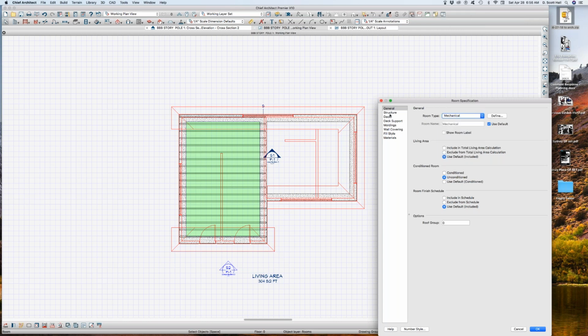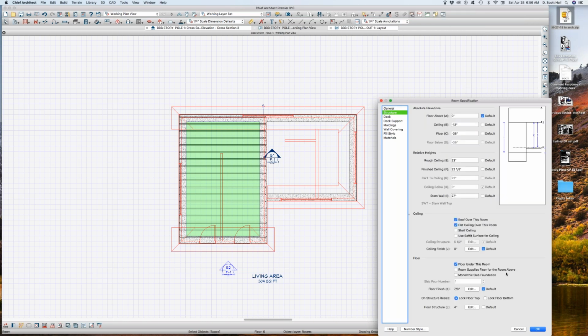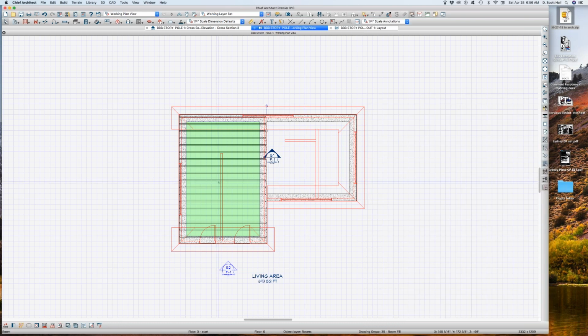Mechanical structure. It has a floor. The floor is going to be a slab, and the floor is at minus 8 foot. Okay, and it is a basement.